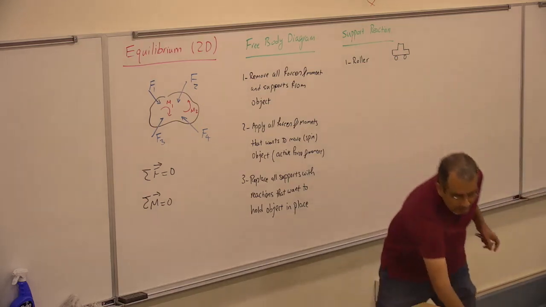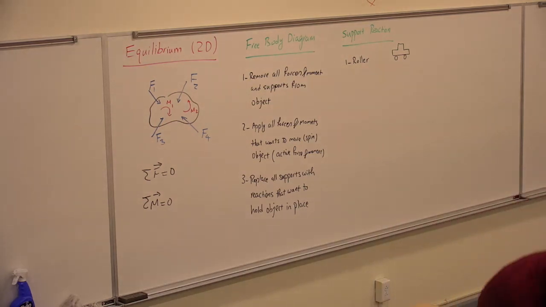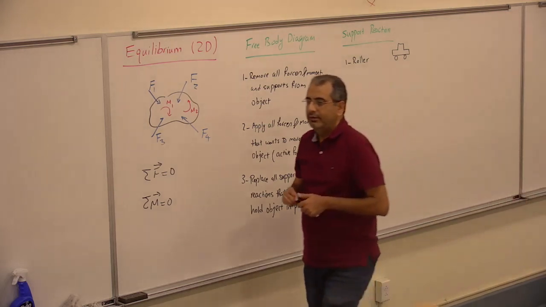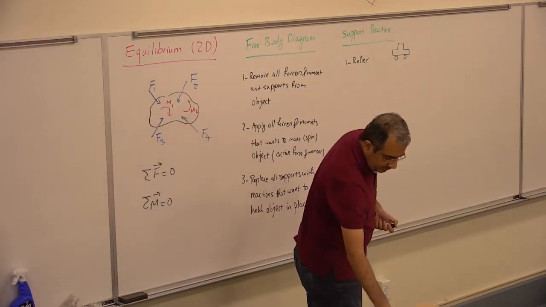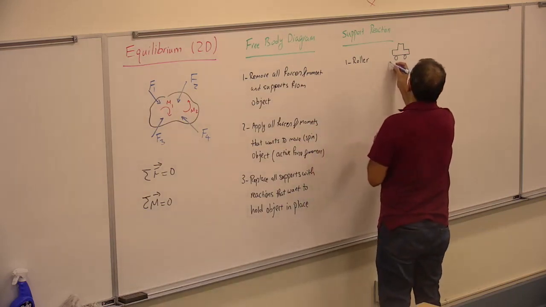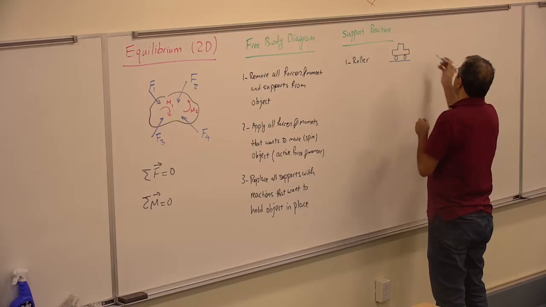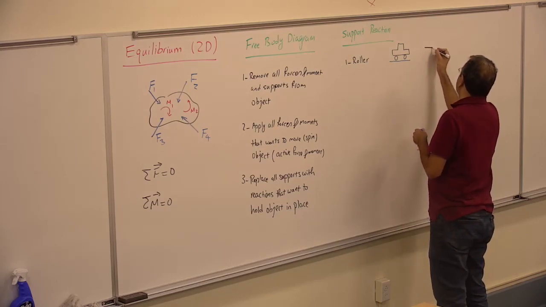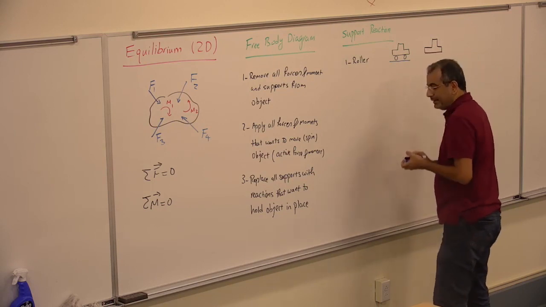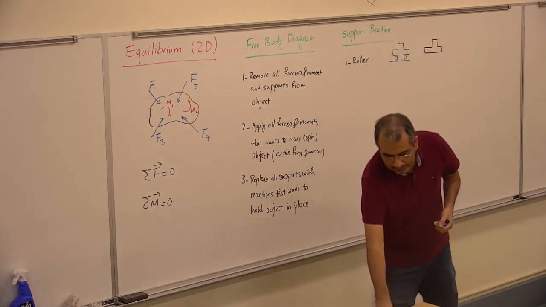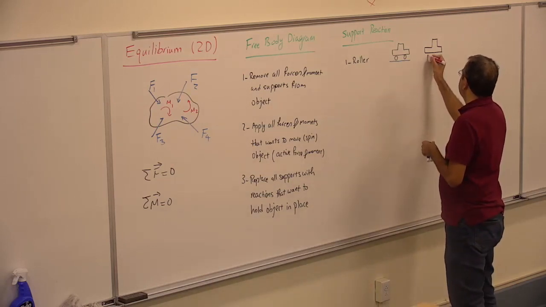So those wheels will behave as a roller. So I can go ahead and replace that. If I only look at the car, I can go ahead and replace them with the two forces that hold it in place.